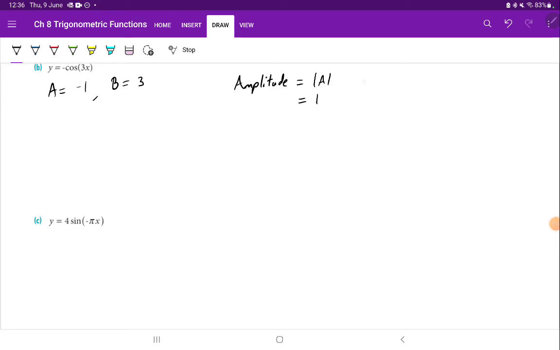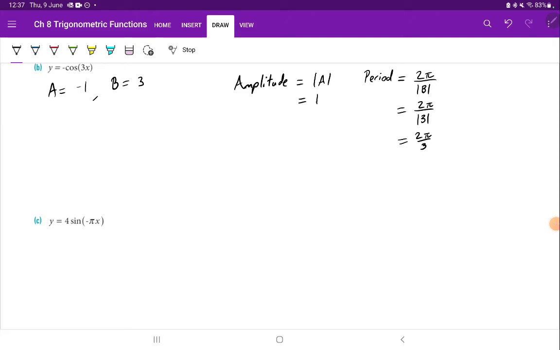And the period, well, that's the one that's really been affected here. It's going to be 2 pi on the absolute value of b, which is going to be 2 pi over the absolute value of 3, which is going to be 2 pi on 3. So it's going to repeat every 2 pi on 3.